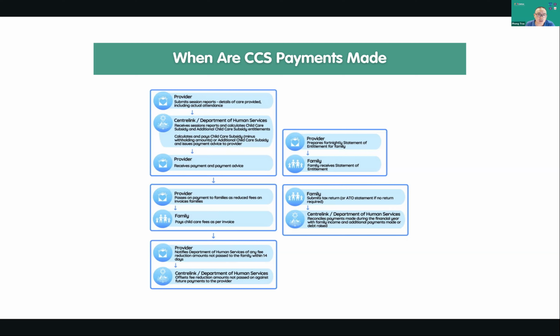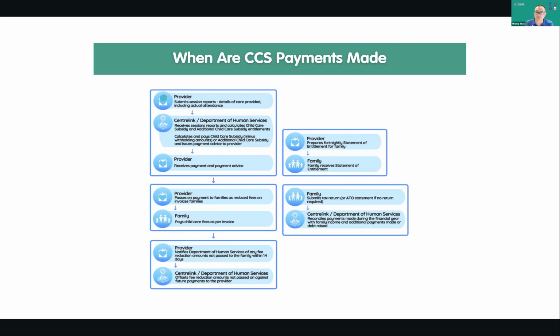As we've talked through this process, there are 3 parties to CCS: the provider, Centrelink, and the family itself. There are only 3 steps to how CCS gets paid, and we're only going to talk about this side of the equation here.